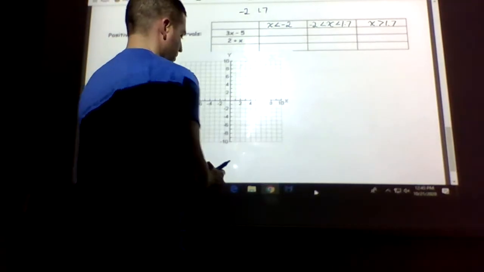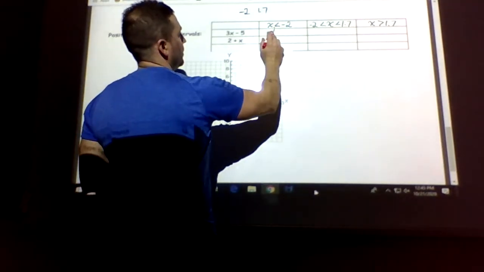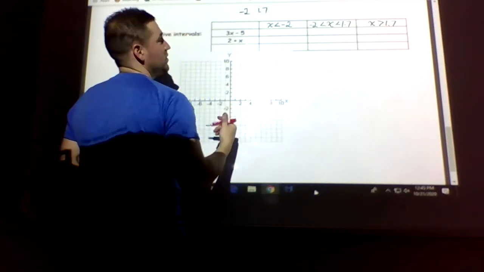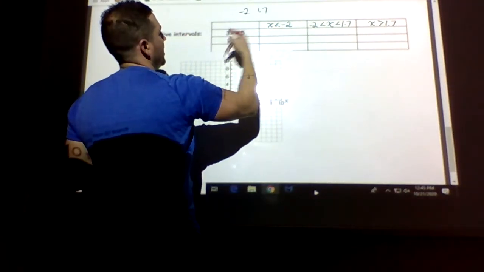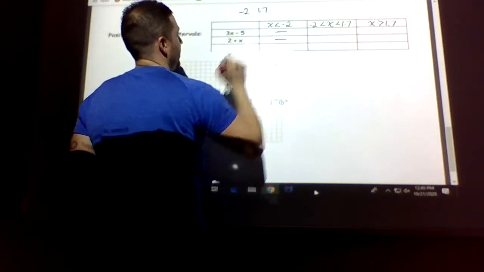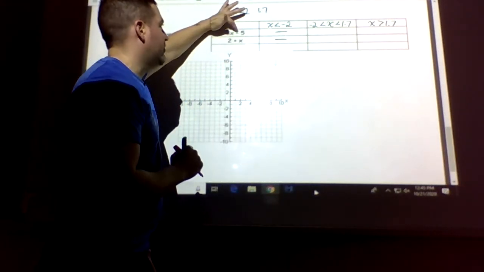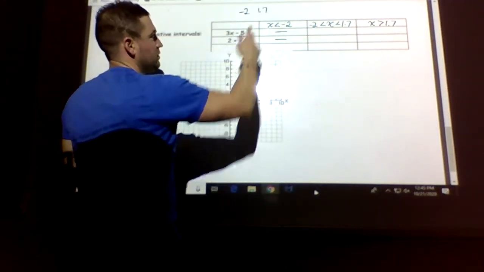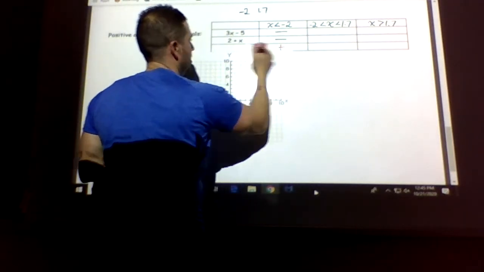Okay, so if we plug in a number less than -2, let's say -3, I'll get a negative value here and a negative value here, because that'll be -14, and this would be -1. Okay, but two negatives make a positive.